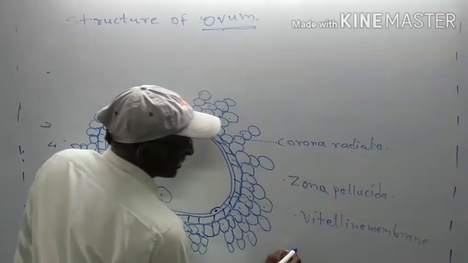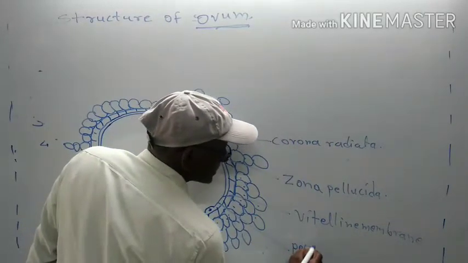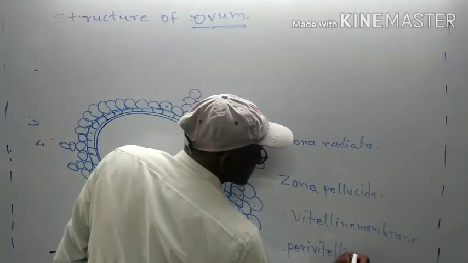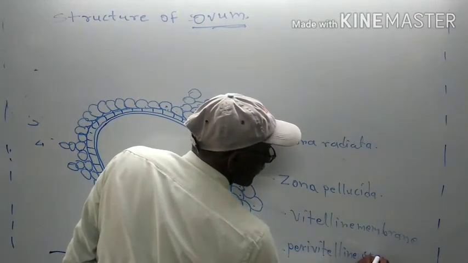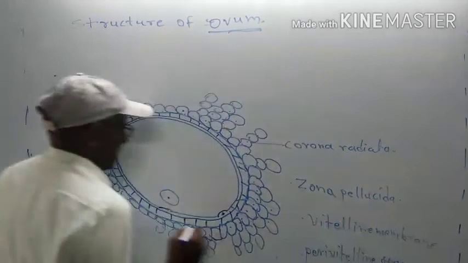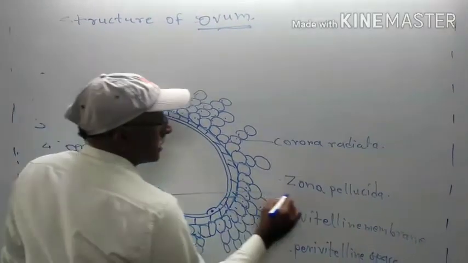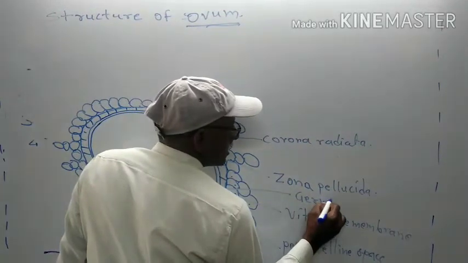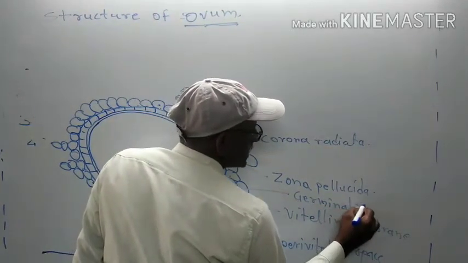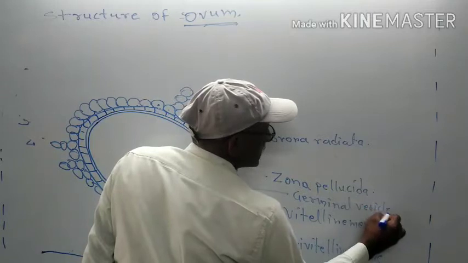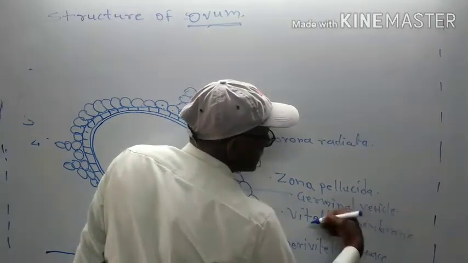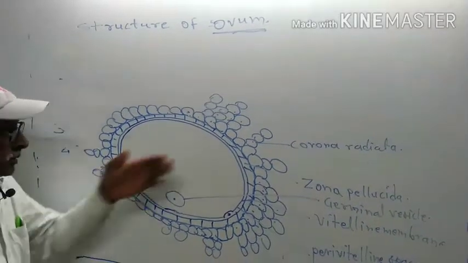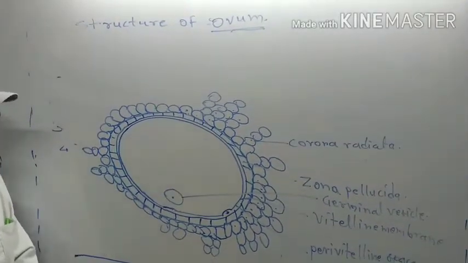This space is the perivitelline space. And this is the germinal vesicle, which turns into what? Nucleus. It is loosely also called the nucleus. So, such is the structure of ovum.